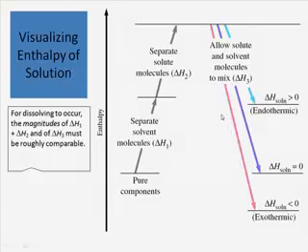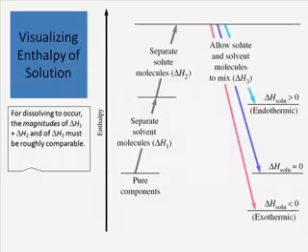Now, it doesn't have to be exactly equal. If they're exactly equal or really, really close, then we're not going to have much of an enthalpy change by virtue of making up this solution. To think about it from an observation standpoint, when you mix the two things together, you really wouldn't notice a temperature change.